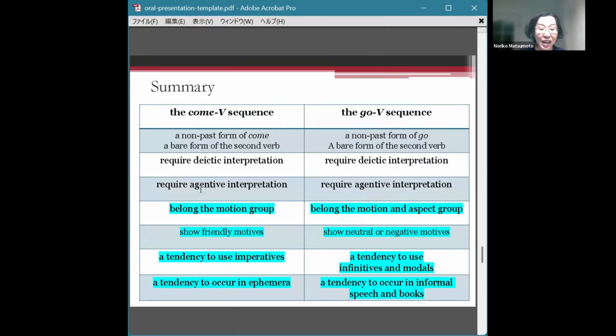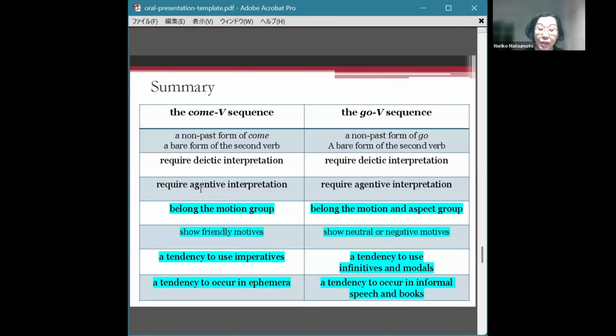This slide provides an overview of the key points. The can-be and go-be sequences share three common features. First, they consist of the non-past form of can or go, followed by the base form of the second verb. Second, a deictic interpretation contributed by can or go is required. Third, an agentive interpretation is required.